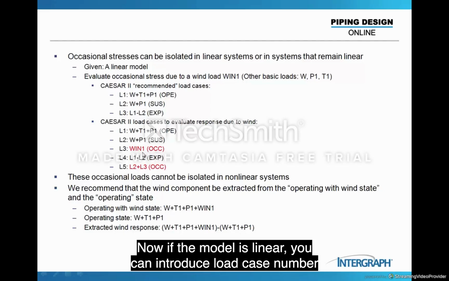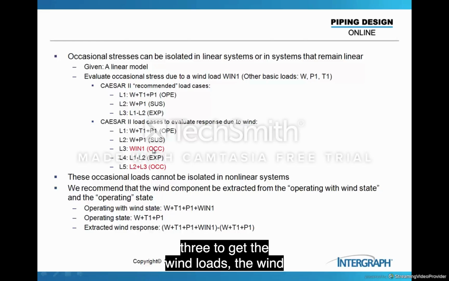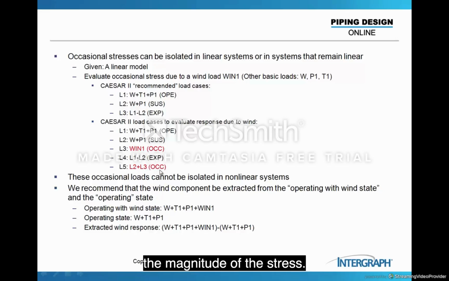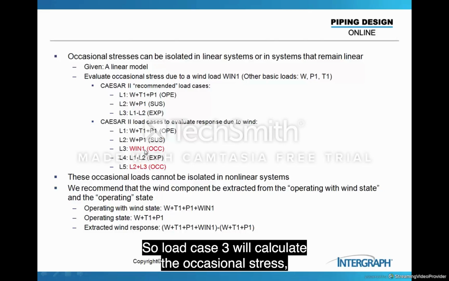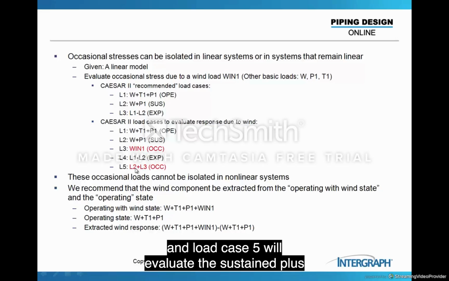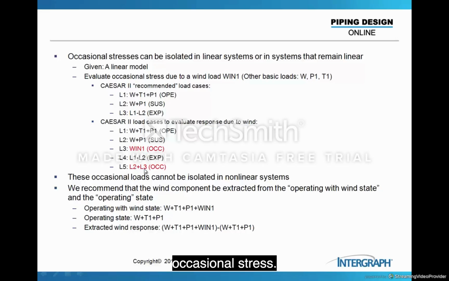Now, if the model's linear, you could introduce load case number 3 to get the wind loads, the wind stresses, and then add the sustained stresses to these occasional stresses to evaluate the magnitude of the stresses. So load case 3 will calculate the occasional stress, and load case 5 will evaluate the sustained plus occasional stress.